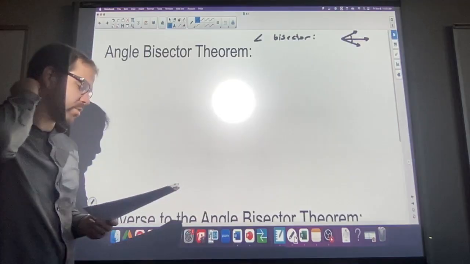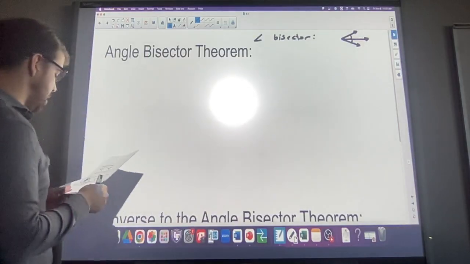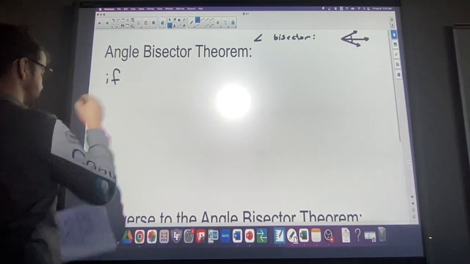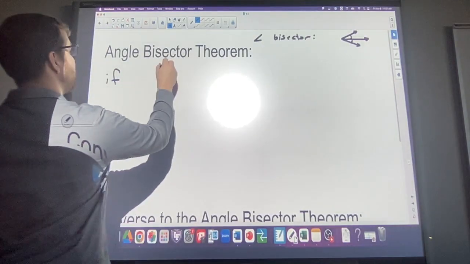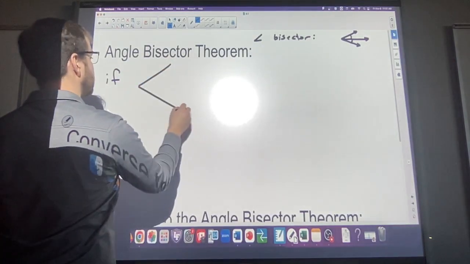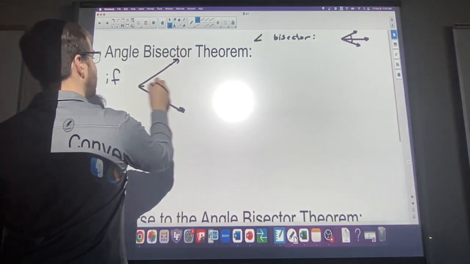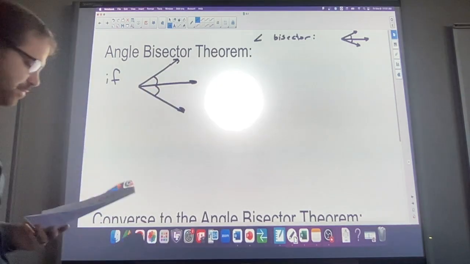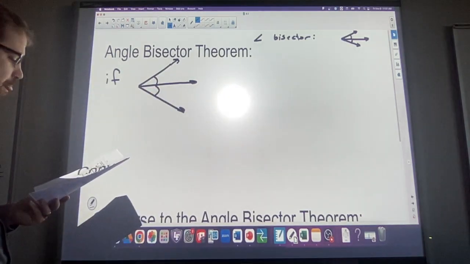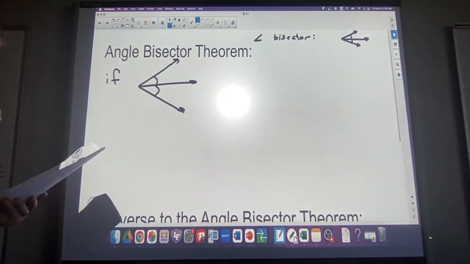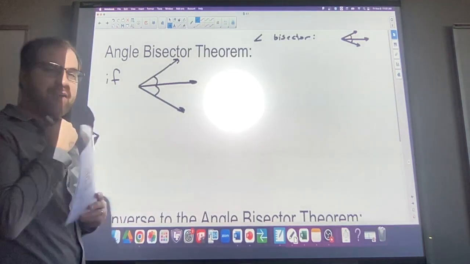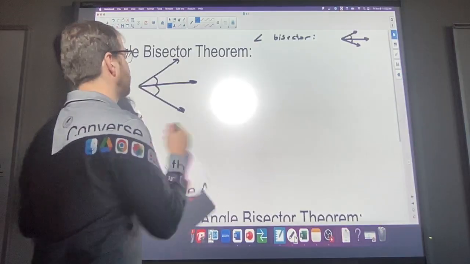So why is this important? We're going to draw another picture here. If we have a bisector, let's say we have an angle that's being bisected, so it's being cut in half. Then what we can do is we can make perpendicular segments, and those have to be congruent. Here's what I mean.